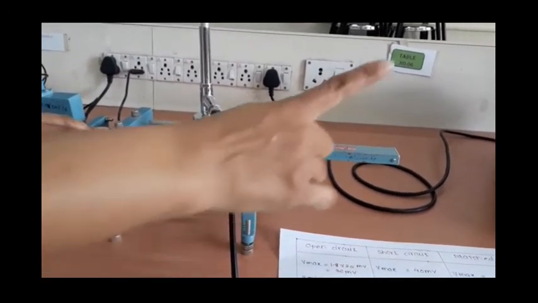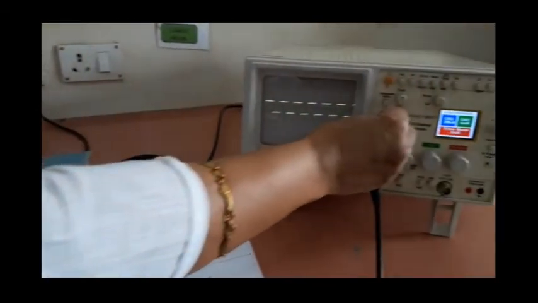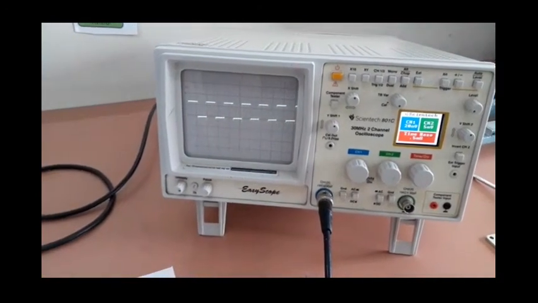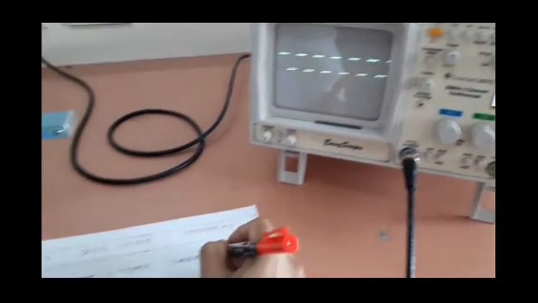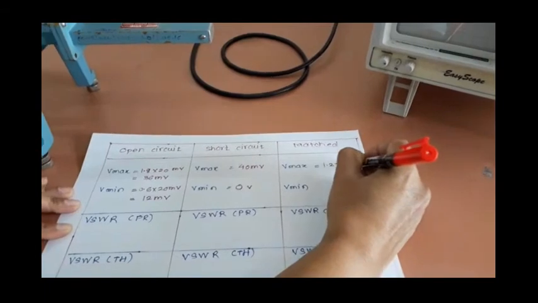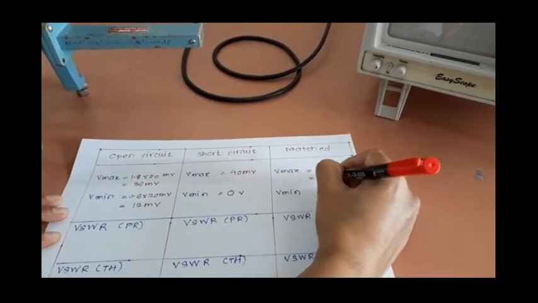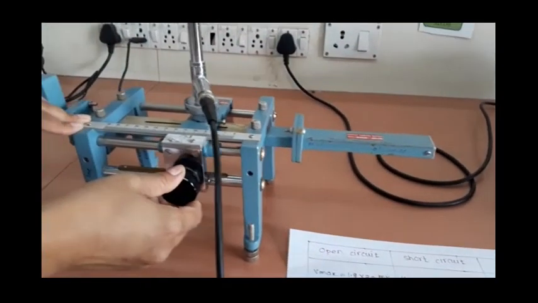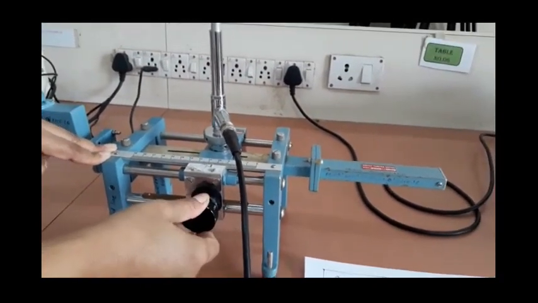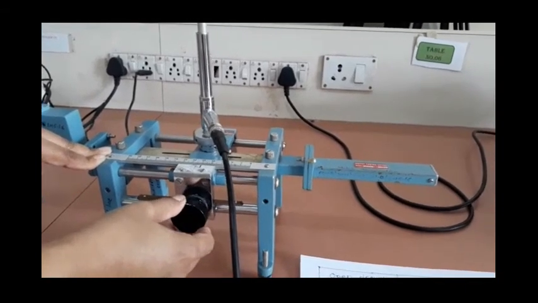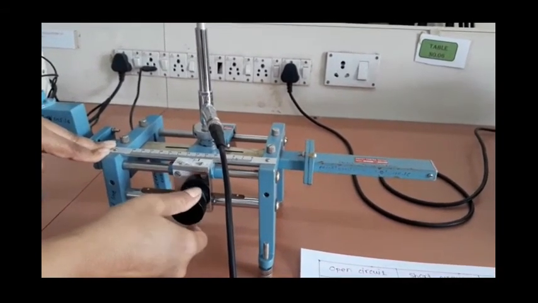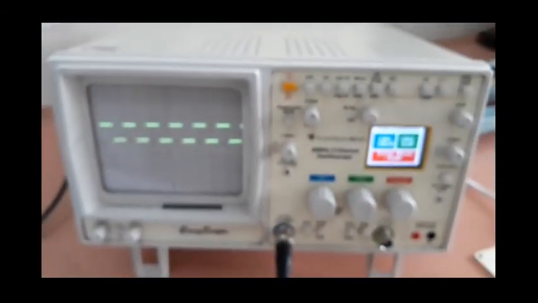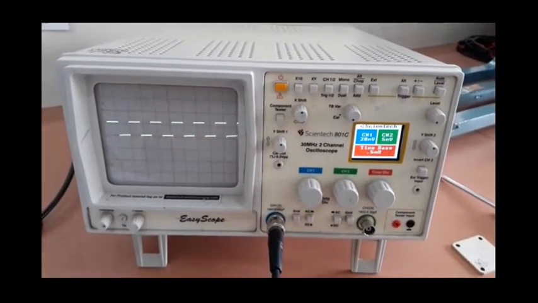Here I am observing the maxima as 1.2 into 20 millivolts. I will write this reading 1.2 into 20 millivolts, so I can say this is 24 millivolts. Again I am moving this probe carriage on the complete line, and you can see on the CRO that there is no such variation in the maxima and minima.